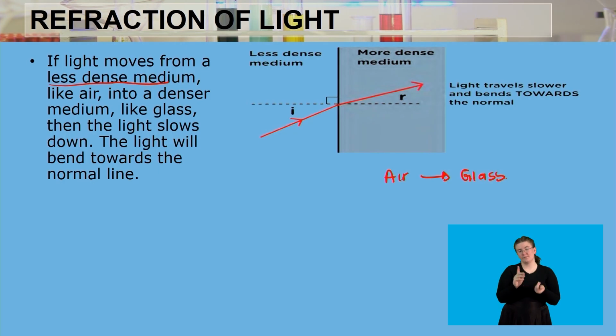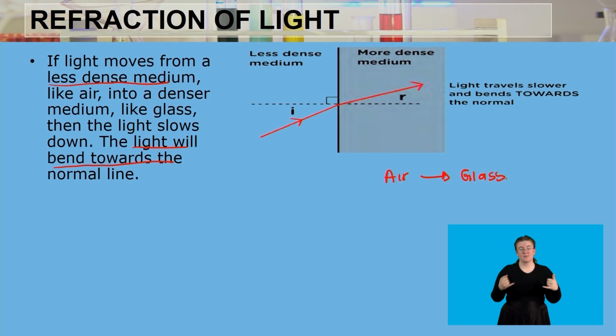So not only will it slow down, the light will also change direction. And in this case, the light will bend towards the normal. So from less dense to more dense, the light is going to slow down, and if it slows down, it goes towards the normal. Remember the normal line, it is the imaginary line that is drawn perpendicular to the surface.